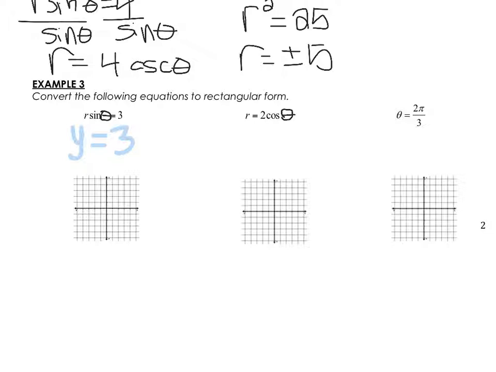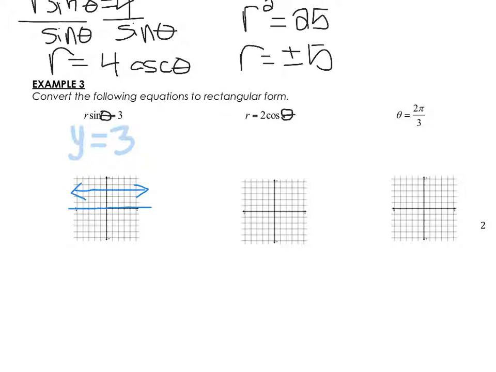And so what I want to do there is then I can just graph it. So the line y equals 3 is just a horizontal line at y equals 3. If this is my x-axis there, then I would just go up 1, 2, 3, and this would be the line y equals 3.